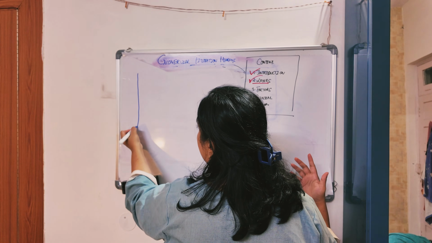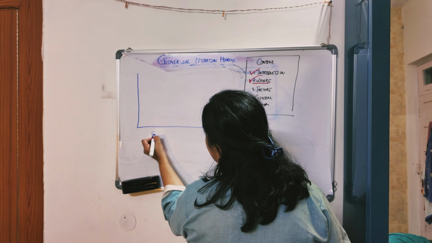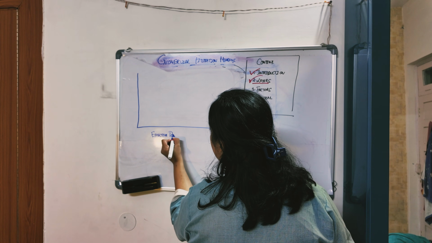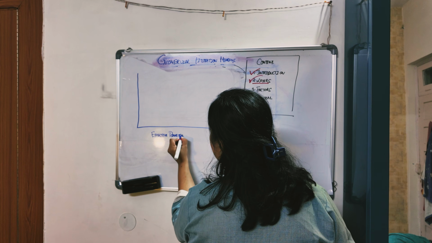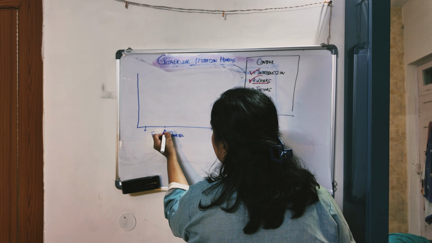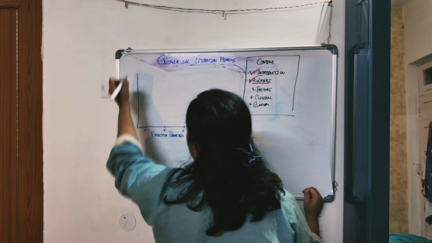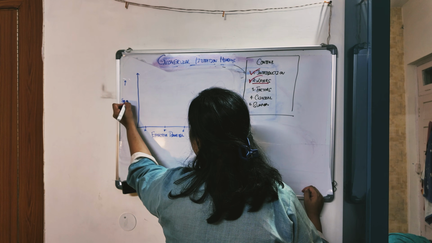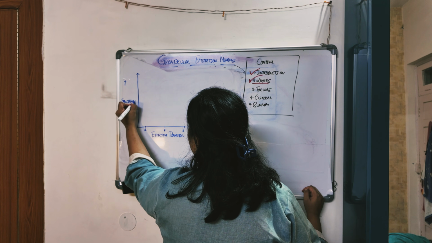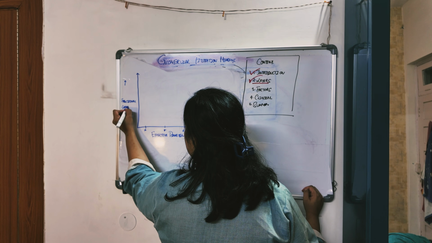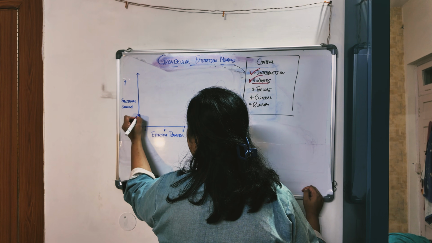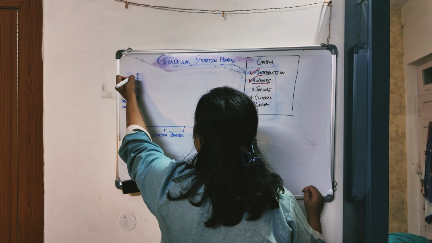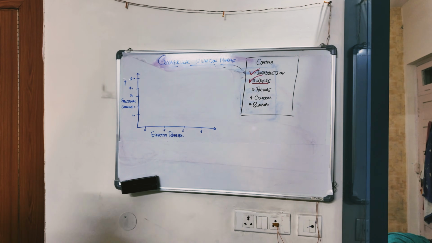So this is the graph where in the x axis we have the effective diameter, and in the y-axis we have the fractional clearance. I'll just draw and then I'll explain to you.